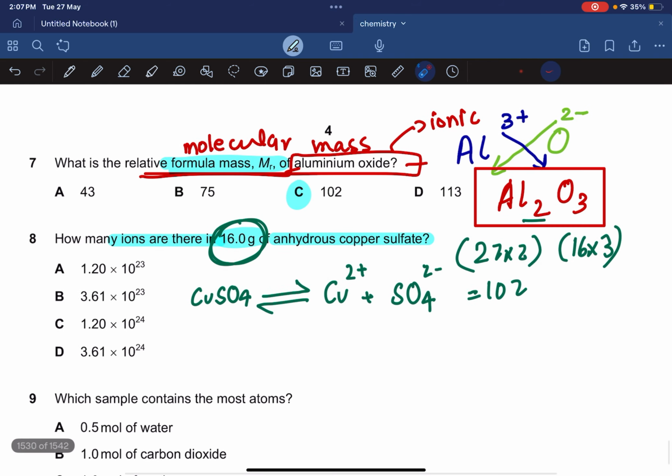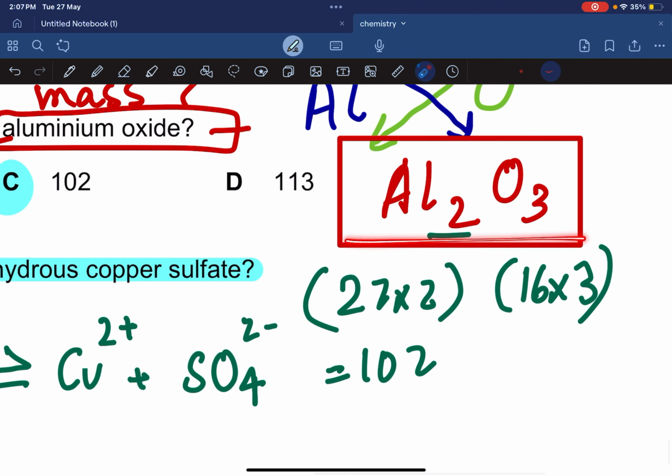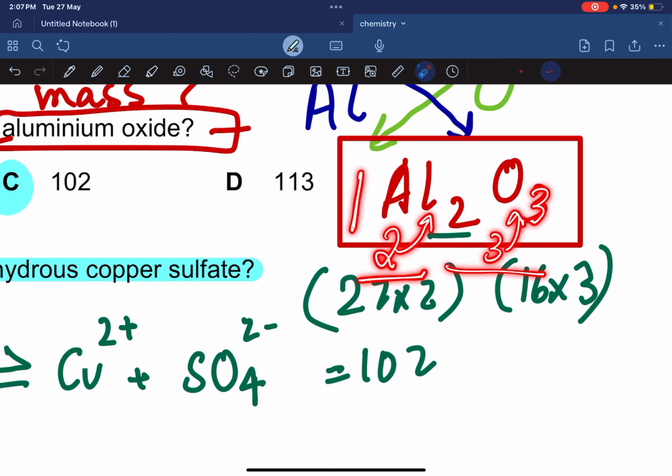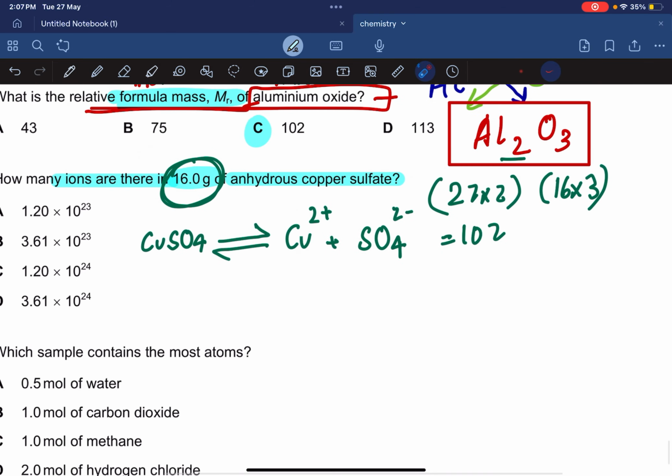Over here, from 1 mole of aluminum oxide, how many ions do you think you can form? You can form 2 moles of aluminum ions and 3 moles of oxygen ions, because you have O3. From 1 mole of Al2O3, you can form 2 moles of aluminum ions, 3 moles of oxygen ions. From 1 mole of copper sulfate, you can form 1 mole of copper ions, 1 mole of sulfate ions. Okay, that's how I could explain this.